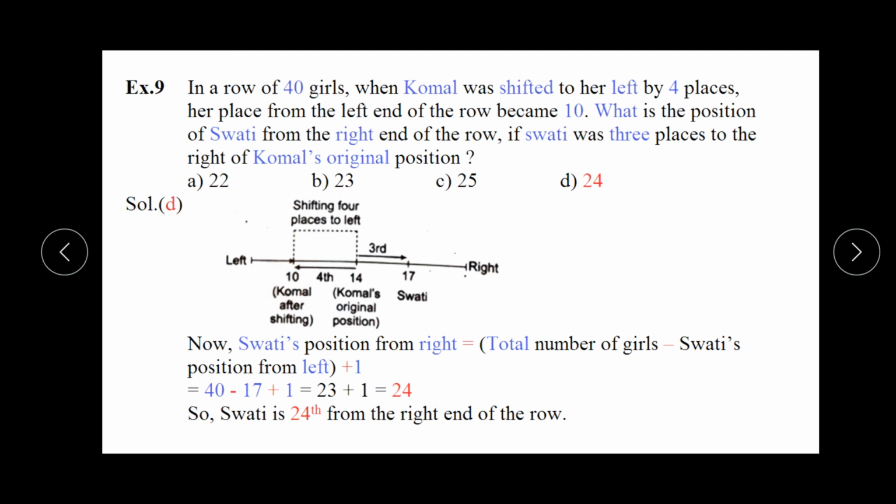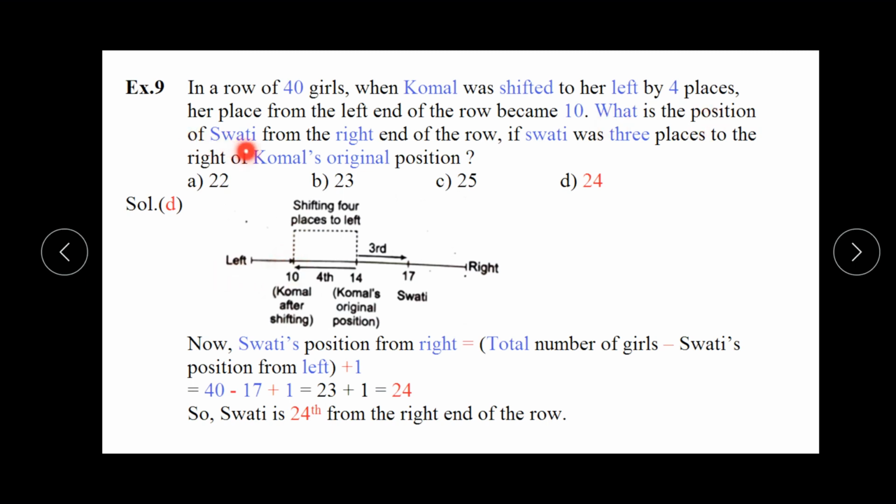It means we can say that if Komal is shifted 4 places, Komal's original position is 14. That time we will subtract 4 positions. That time Komal becomes 10th position from the left side.